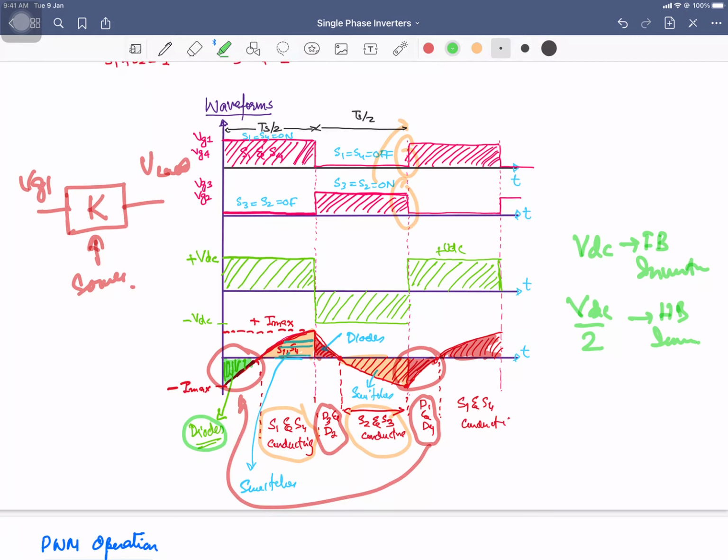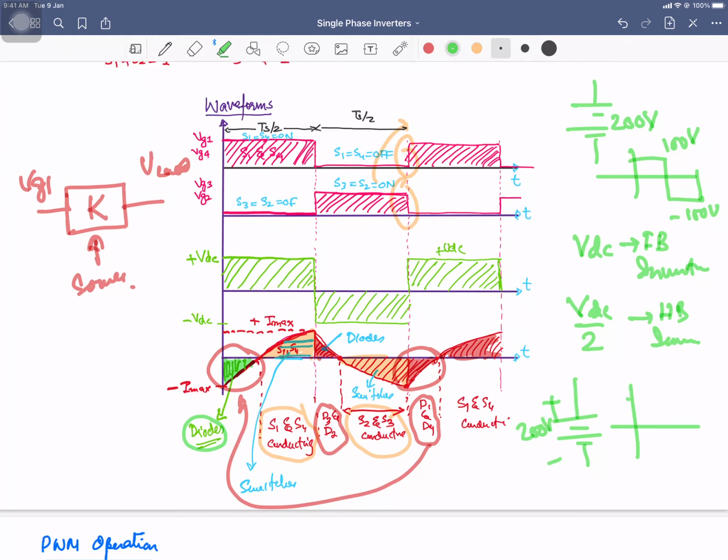What it means is that if you use a source of, let's suppose, 200 volt in the half bridge inverter, the output voltage waveform will be like this: 100 volt, minus 100 volt. But if you use the full bridge inverter with the 200 volt supply, your output voltage will be plus 200 and minus 200. Alright, so you are going to get the double voltage in the case of the full bridge inverter.